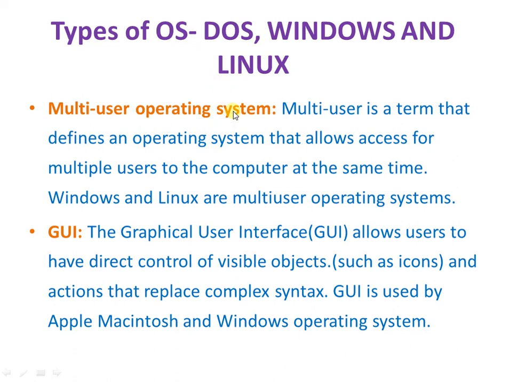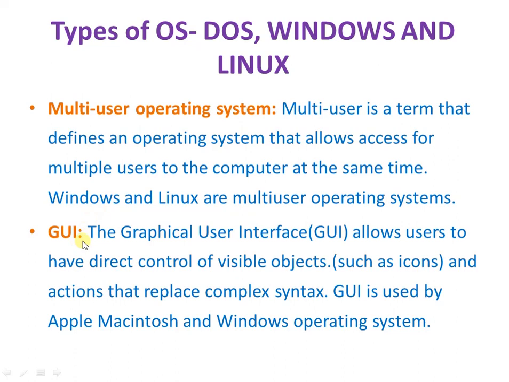So the hard disk, the RAM, all the things are shared by all the devices which are connected. Multi-user is a term that defines an operating system that allows access for multiple users to the computer at the same time. Windows and Linux are multi-user operating systems.